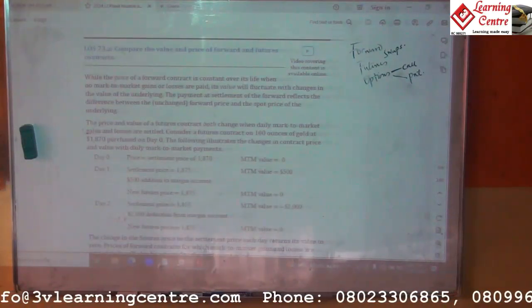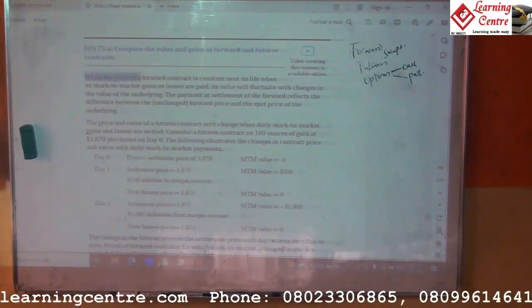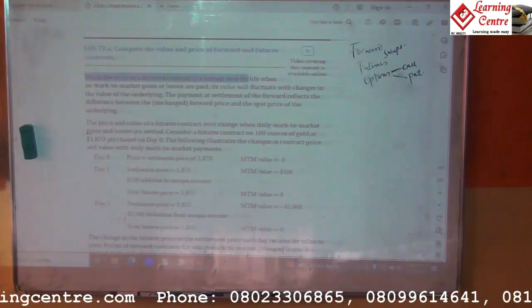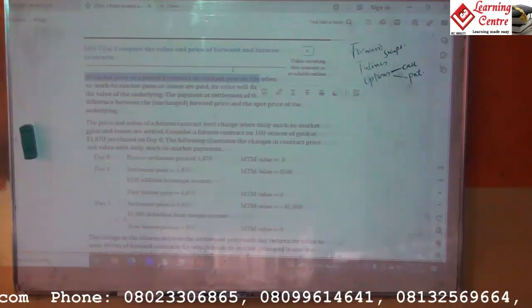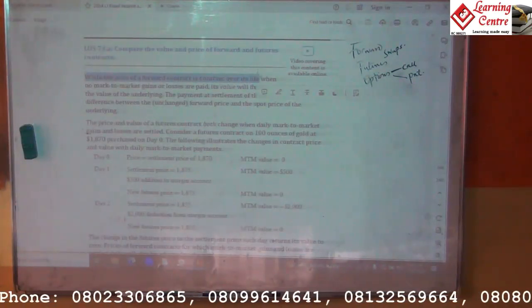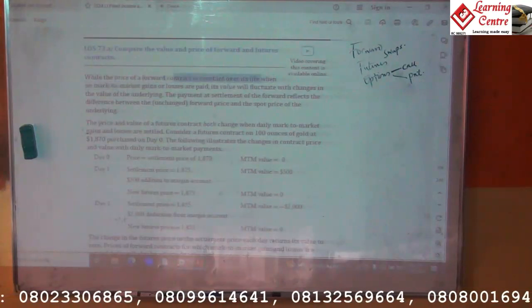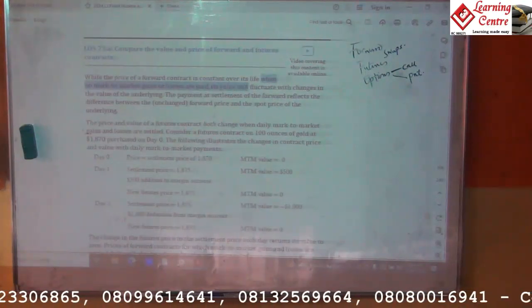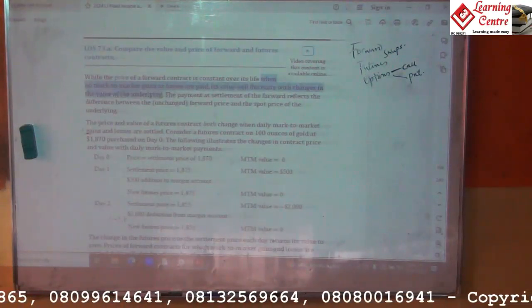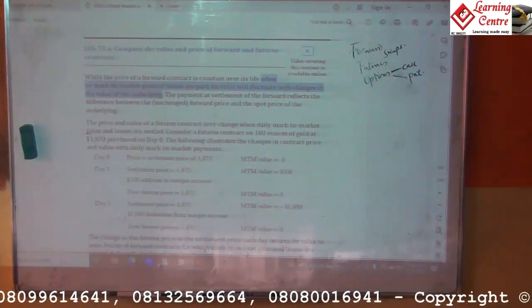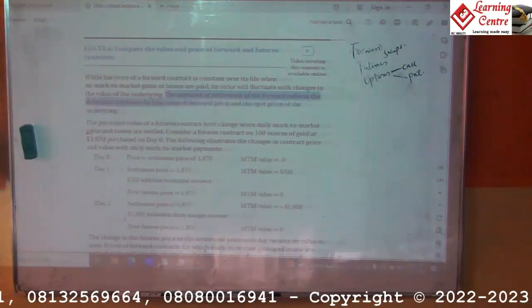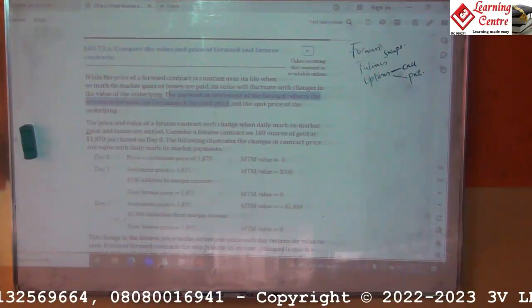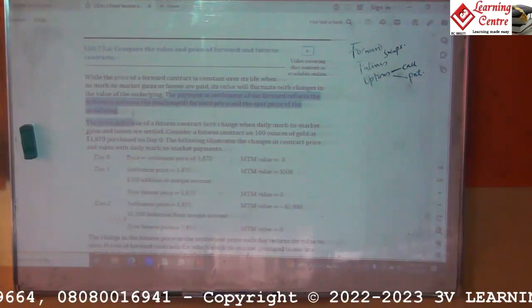All right. So while the price of a forward contract is constant over its life, as we discussed, all through the life until maturity, when no mark-to-market gains are paid, its value will fluctuate with changes in the value of the underlying. The payment and settlement of the forward reflects the difference between the forward price and the spot price of the underlying.